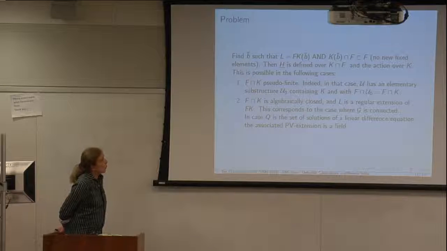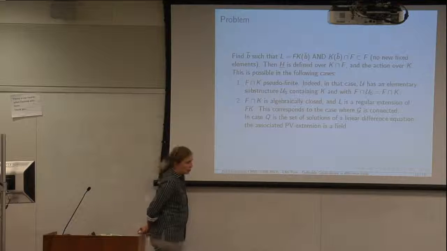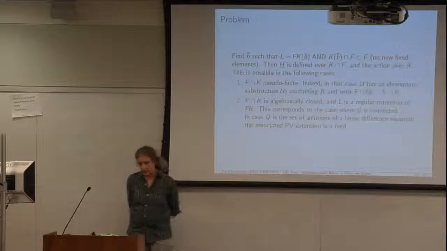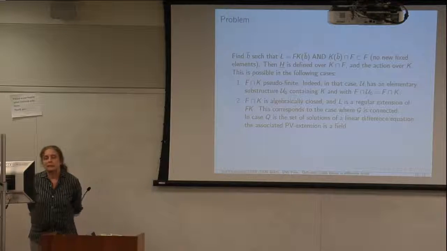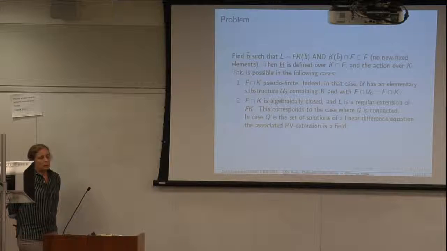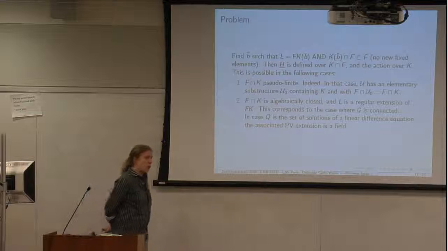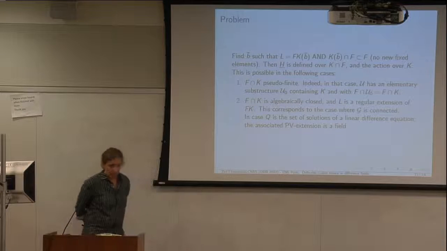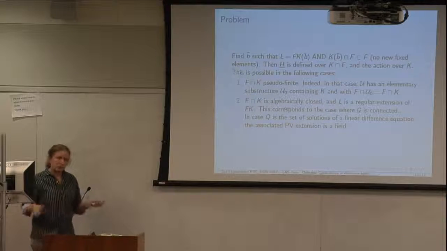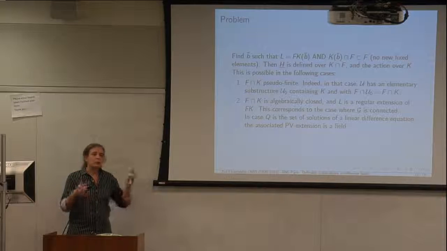One of the cases is where F intersect K is pseudo-finite. That means that it's an elementary substructure of the fixed field of U. And you have a model theoretic argument which says that you can descend the B bar.